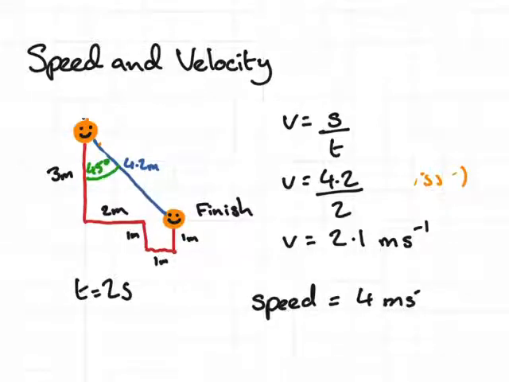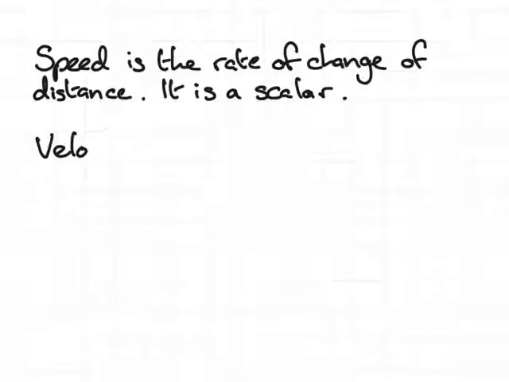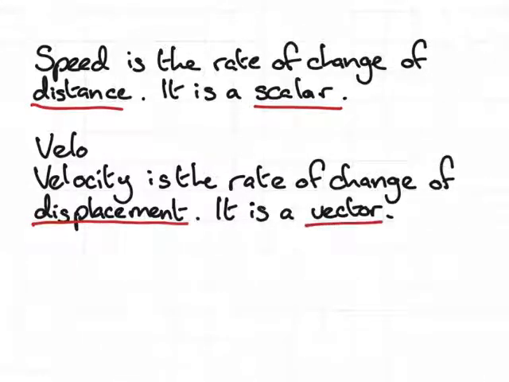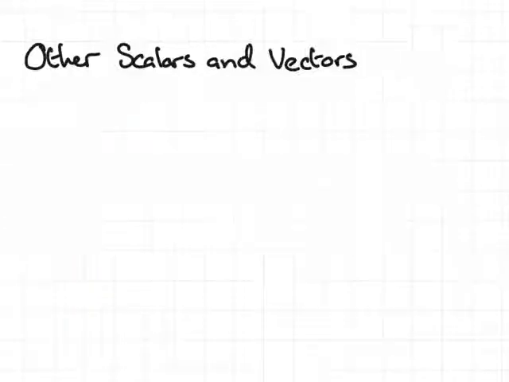And because this is still a vector quantity for velocity, we also still need to quote the bearing. And again, just to recap, speed is the rate of change of distance. It is a scalar. And velocity is the rate of change of displacement. It is a vector.